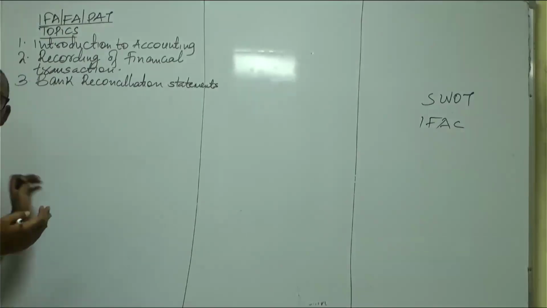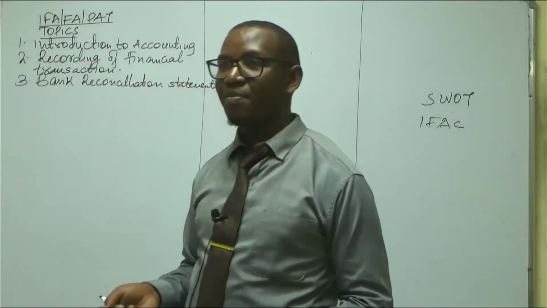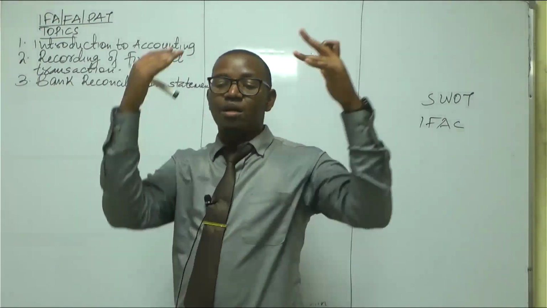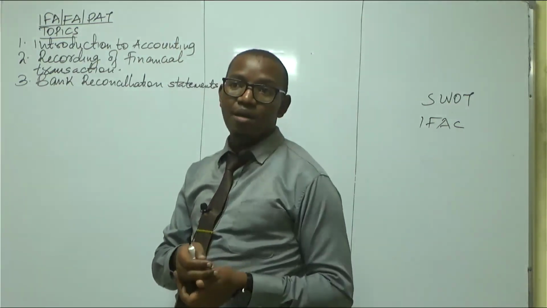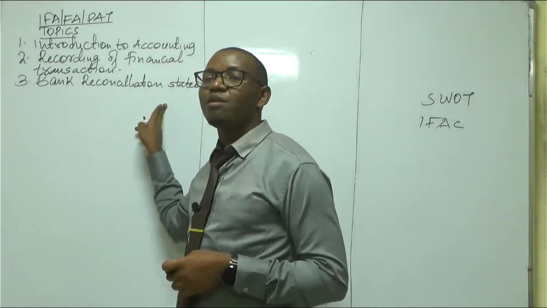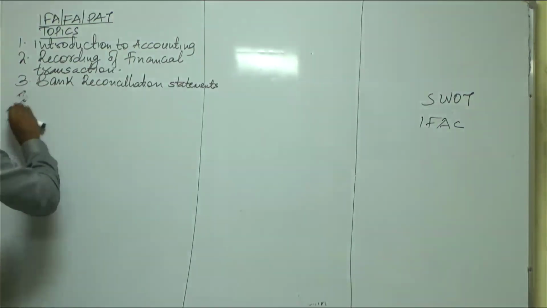Lakini sasa ukienda kwa bank they will give you the bank statements. Ni ukweli. So unaweza pata there is a difference between you as an accountant, what you've been able to prepare with regards to the bank and what you have on the bank statement. So you have to do what? Reconcile the two.